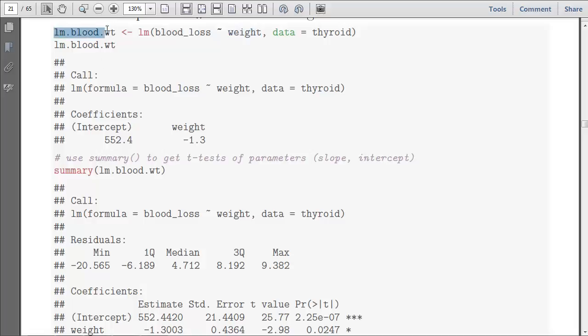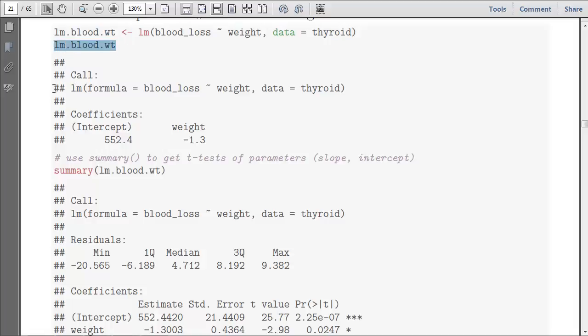I'm going to put that into a linear model object, and my convention for labeling my linear model objects is to have lm dot, and then name the variables. Depending on how many variables I have will depend on how verbose I end up being. But this tells me that I've fit a model with blood loss as the y variable and weight as the x variable. All right, so I'm going to output that to the screen.